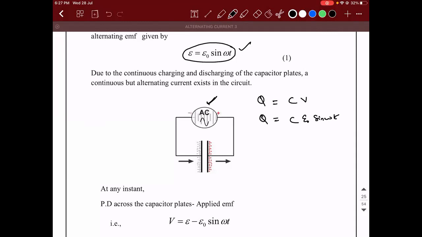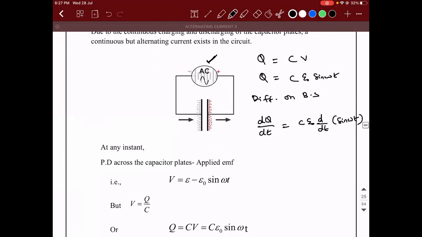Now what I will do is differentiate on both sides. If I do that, dq by dt will be equal to C into E naught into d by dt of sine omega t. Now I want you guys to tell me what is the derivative of sine omega t. First of all, what is dq by dt? It is the instantaneous value of current.